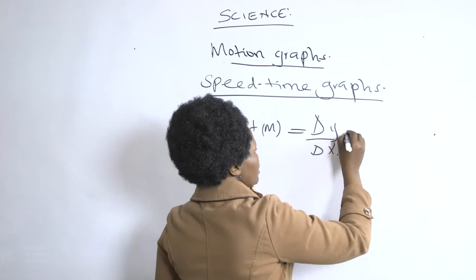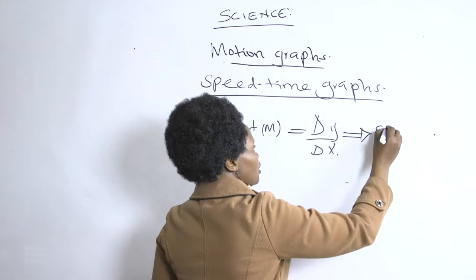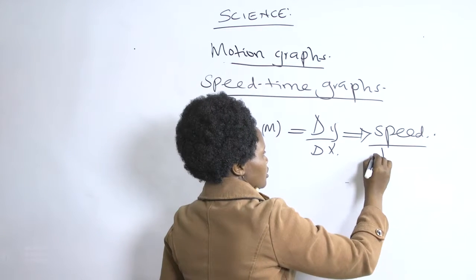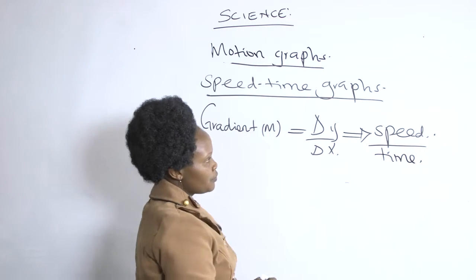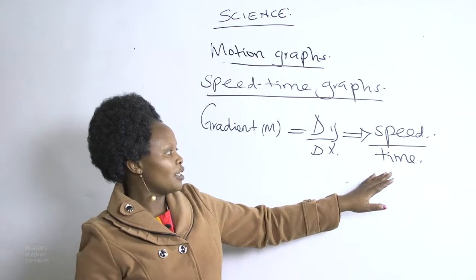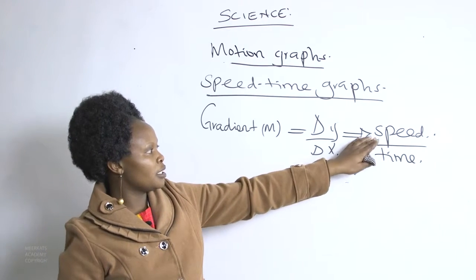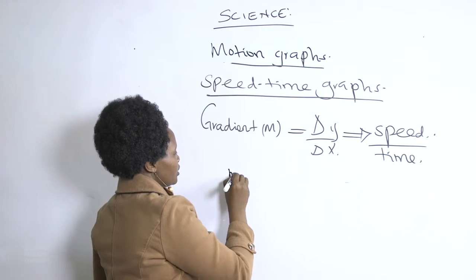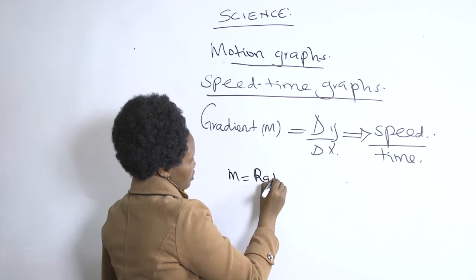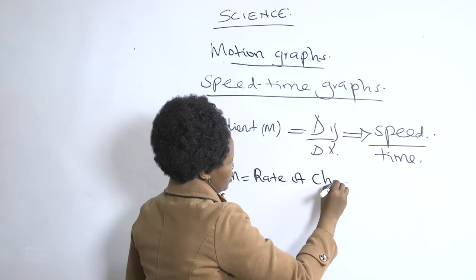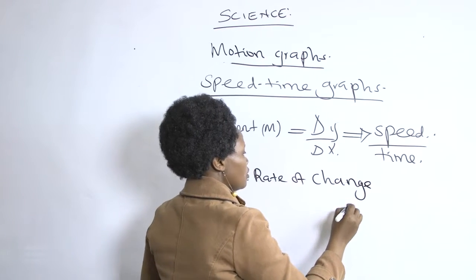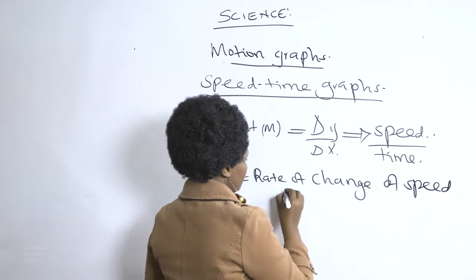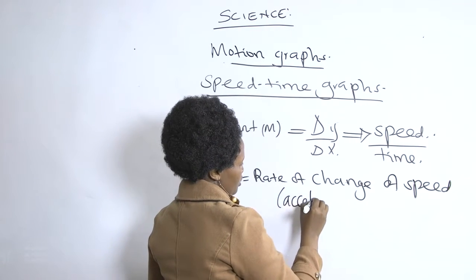On our y-axis, we have plotted speed, and on the x-axis, we have our time factor. And looking at that formula, speed divided by time should give us the rate of change of speed, or what we call acceleration.